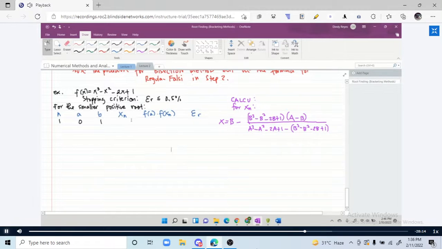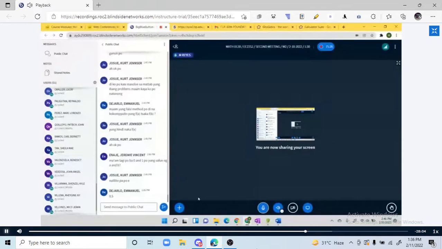Right? So, what is x sub n here? Na-enter nyo na to sa calculator nyo. What is x sub n in the first iteration? 0.5. Ma'am, yung falsi method po, hindi na compute yung f of a at f of b. Hindi na.